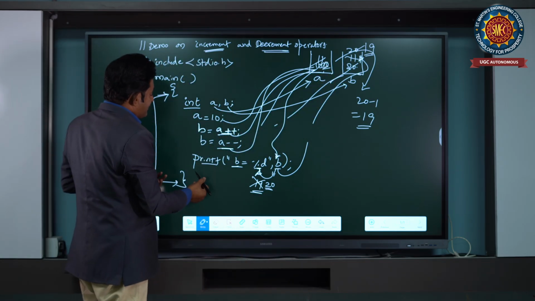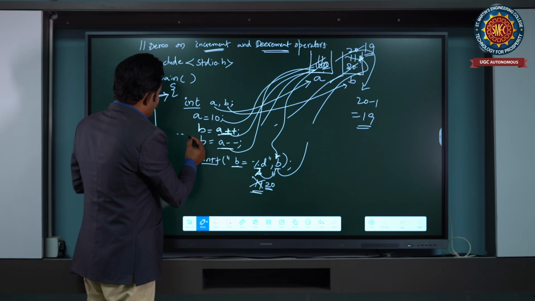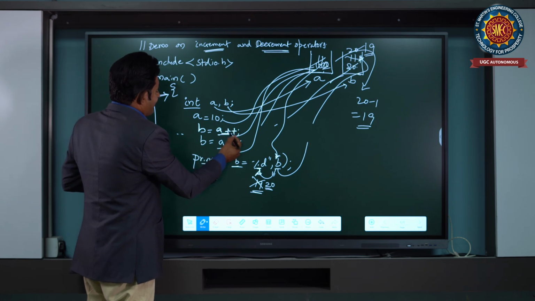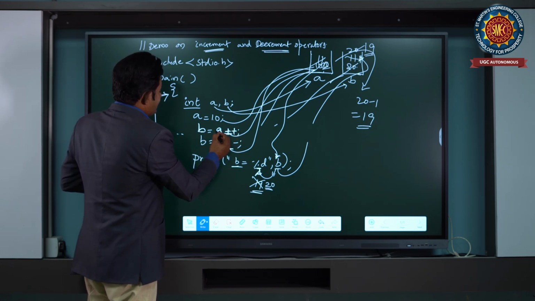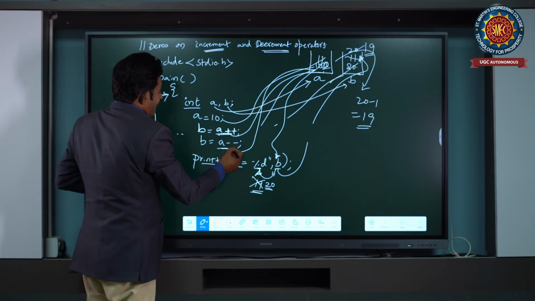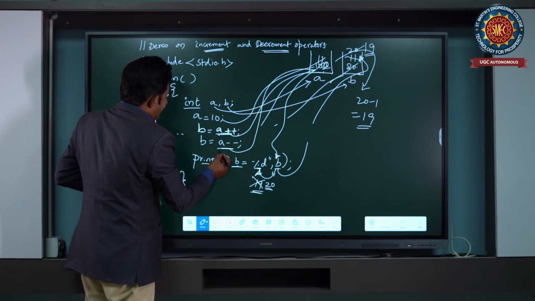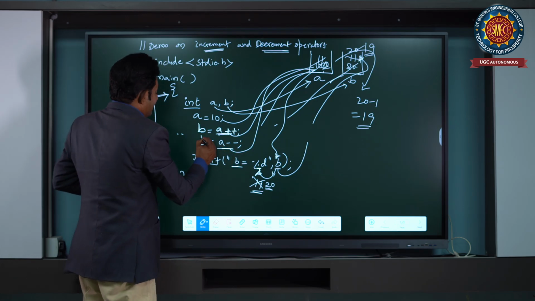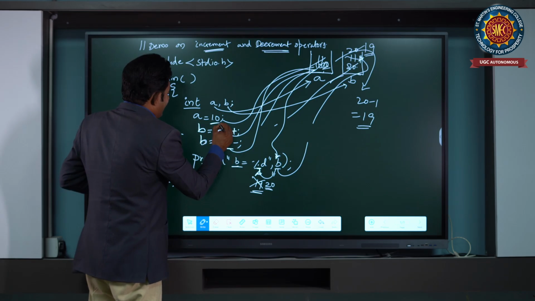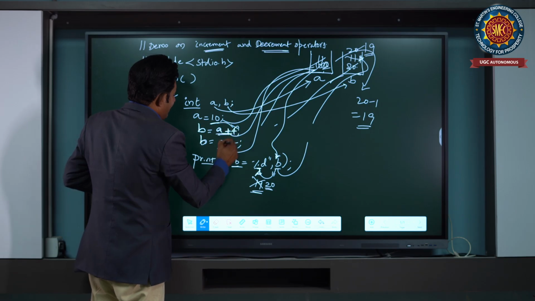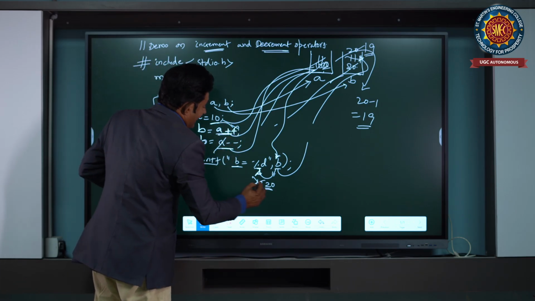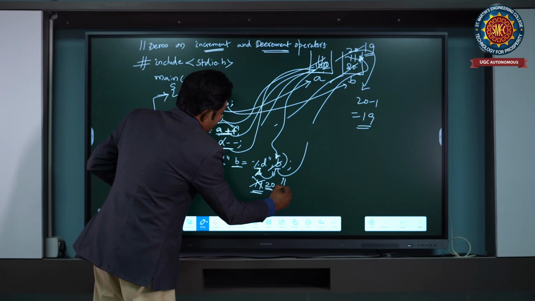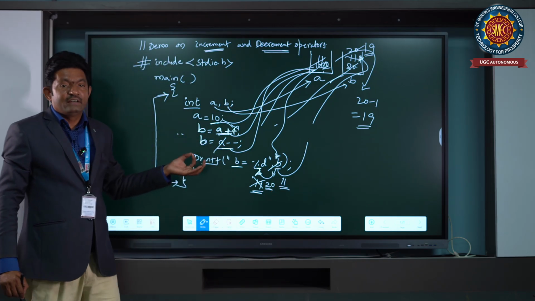B is equal to A plus plus means B is assigned 10, so here B is 10. Next, B is equal to A minus minus. Again, the value of A, whatever it may be, now changes to 11, and in this case B value is 11. So like that we will use it.